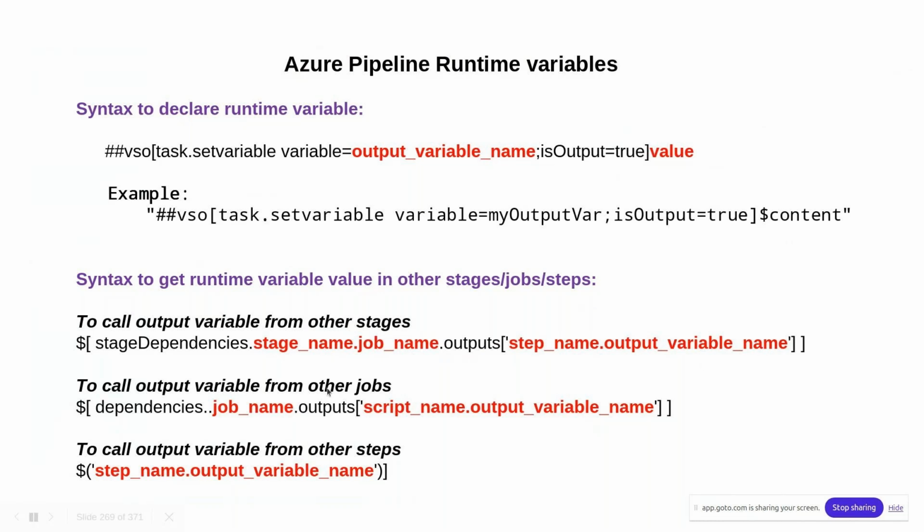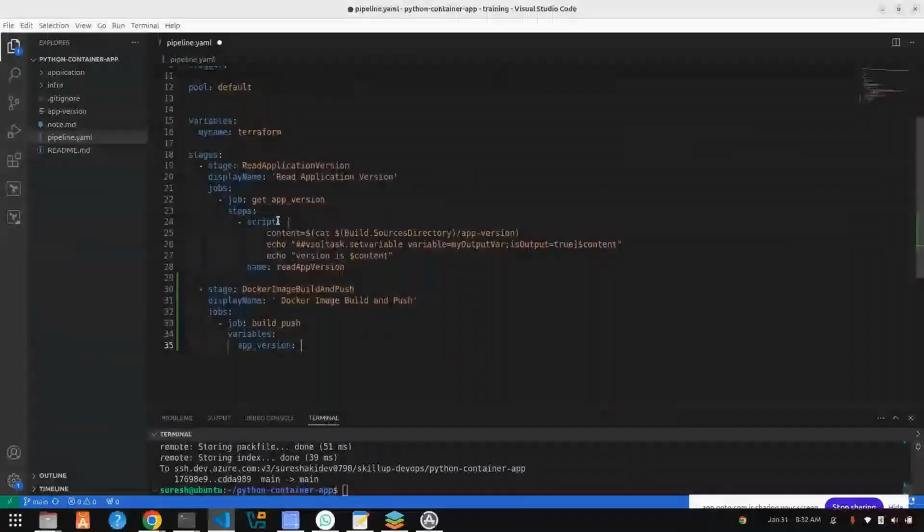If you want to call it from another job, you use dependencies, then job name and output, then step name, not script name, and output variable name. To call an output variable from other steps, you use the step name dot output variable name.